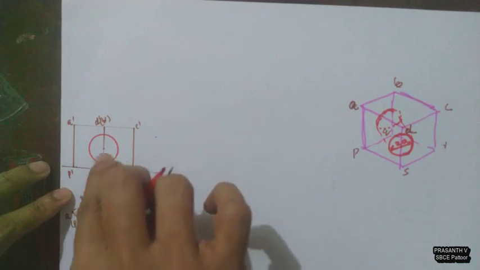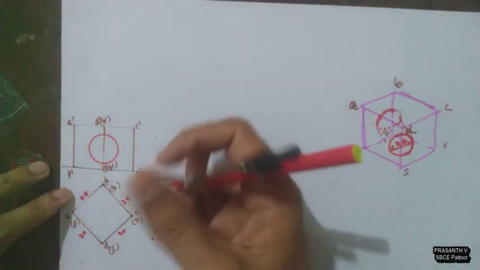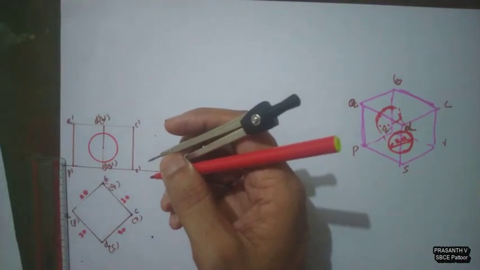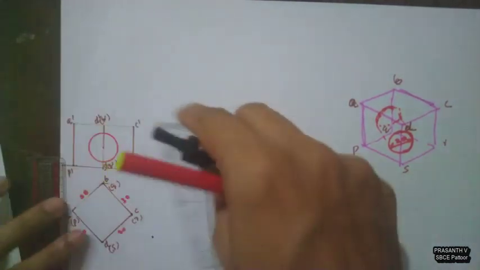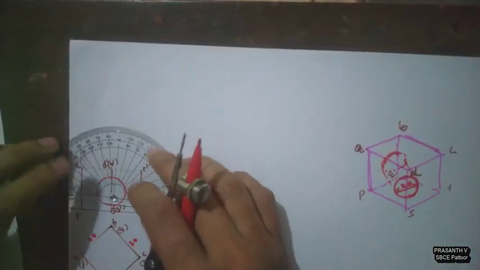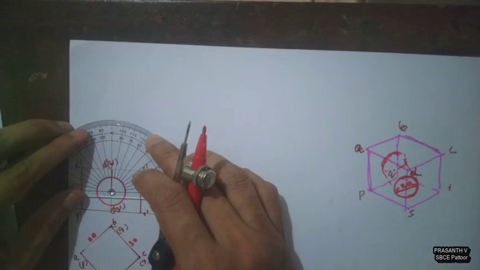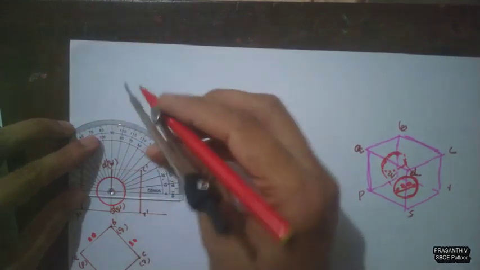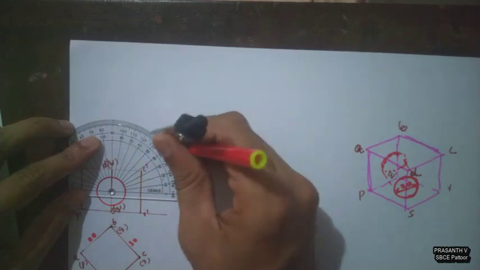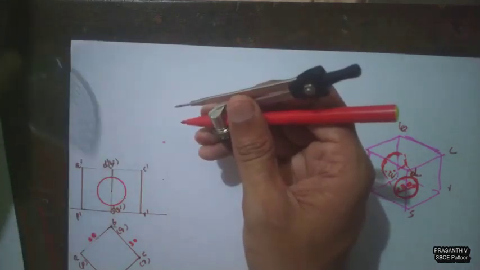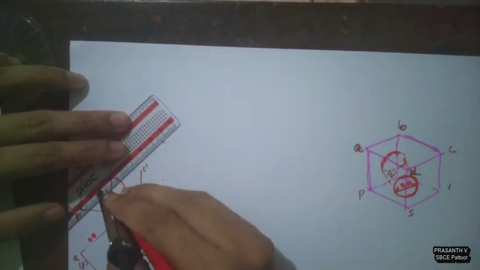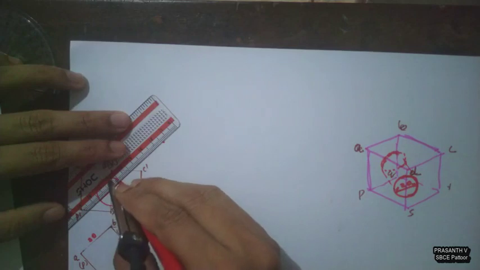But we have to represent the hole inside the development. For that, I need to divide the circle into 8 equal parts. Because I need to represent the circle in development, that is why I need to divide the circle in this front view also.